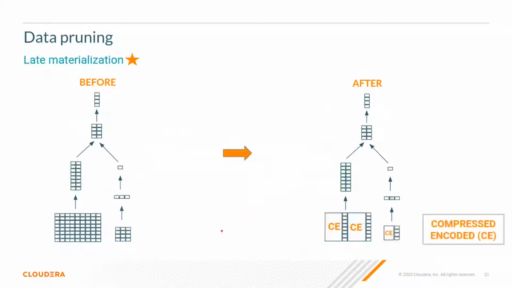Another very powerful optimization is late materialization. So till now, we assumed that when we get the result from the scans, so here, for example, for the store returns, we have tuples that are materialized, decoded, and uncompressed, and they are in memory. But this is not necessarily necessary, because as you have seen here, we need only 2 columns to propagate further.